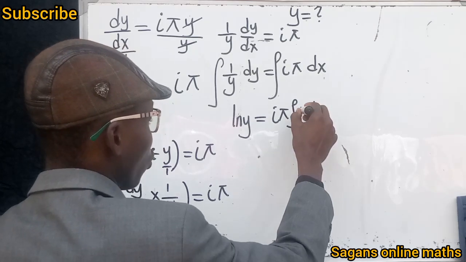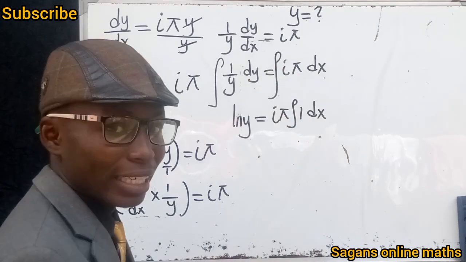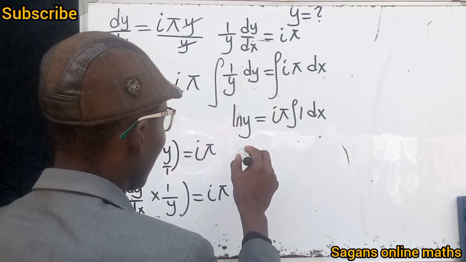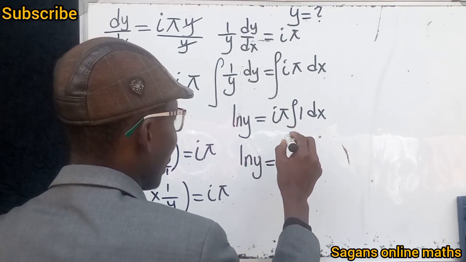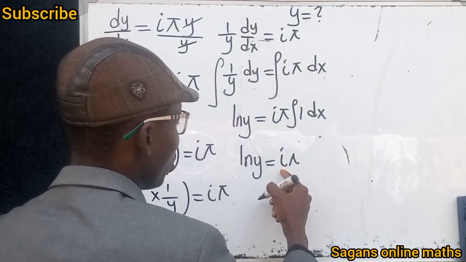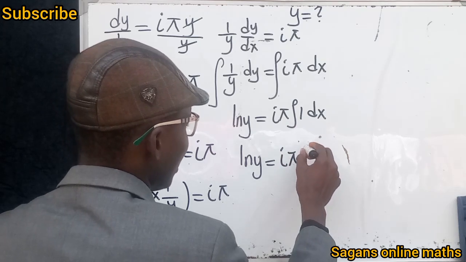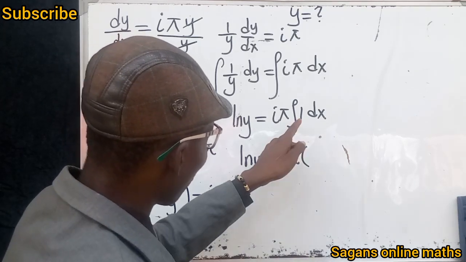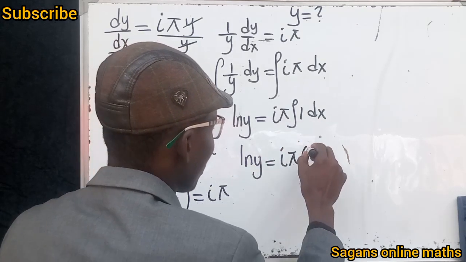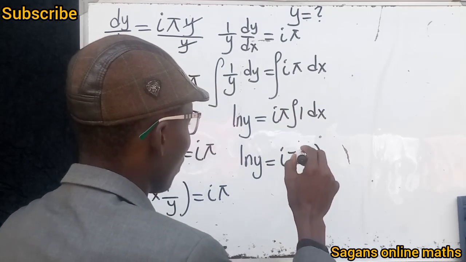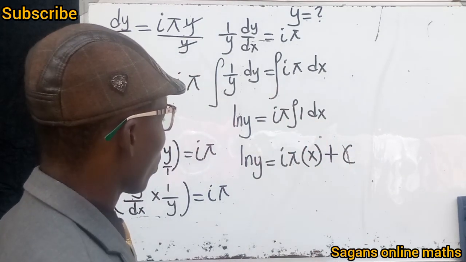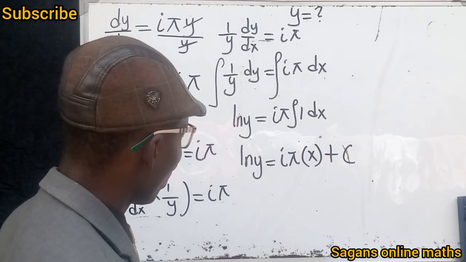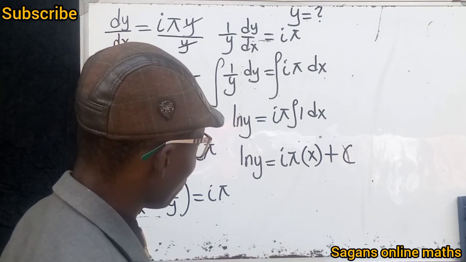Remember there's a 1 here, because 1 times dx is still dx. So ln y is equal to the imaginary unit multiplied by pi times x, because if you integrate 1 with respect to x, we just have x. Don't forget to add our integration constant c.